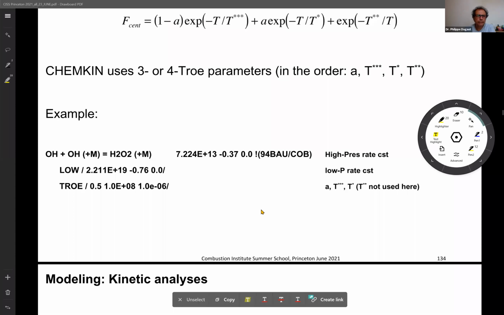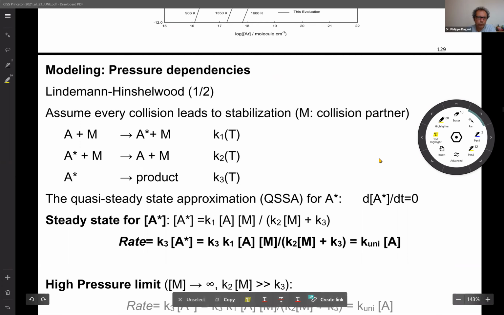Yeah, here. So what you are providing is the high pressure limit K infinity and the low pressure limit K0 and the Troe parameters. You can also provide the Lindemann-Schwartz parameter the same way.